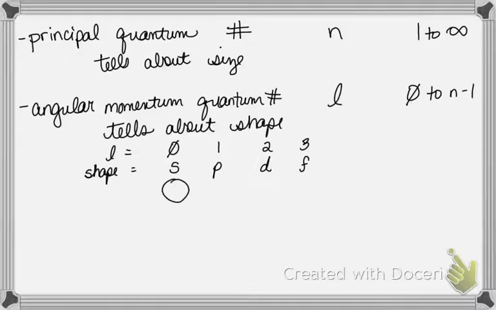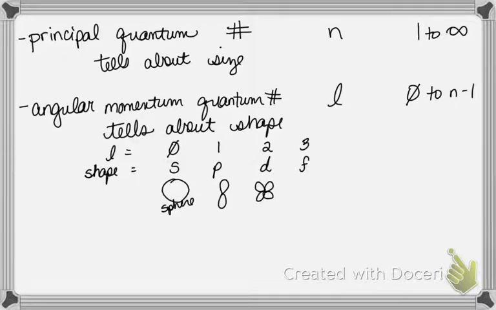I'm going to do the best I can. That's a sphere, okay? P orbitals have a shape that looks like this. It's kind of like a dumbbell. Those are in your book on page 260. And D orbitals usually look like a clover leaf. They're also shown in your book on page 260.